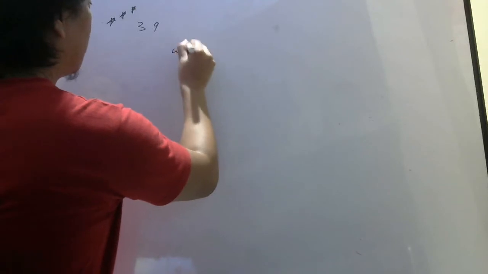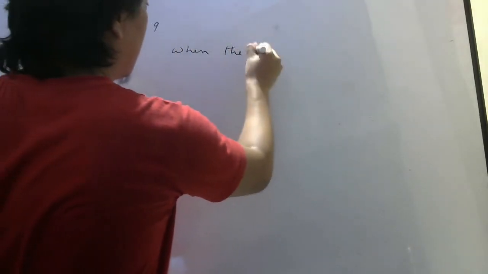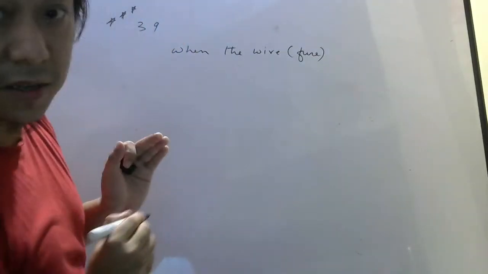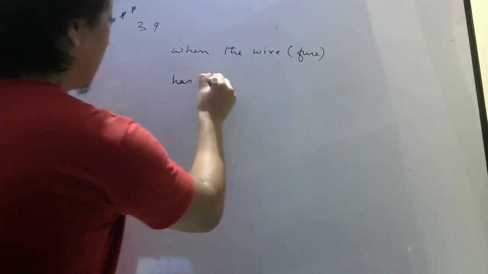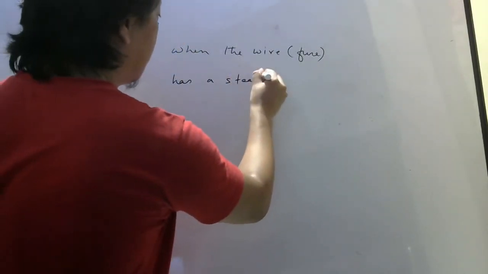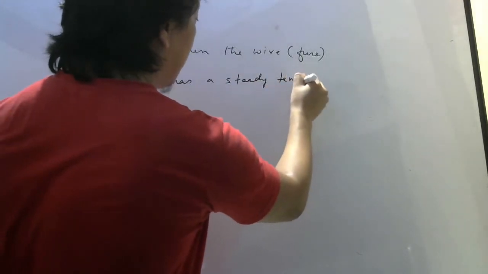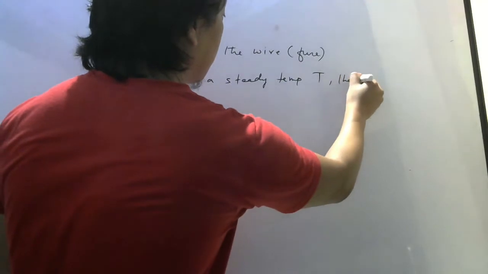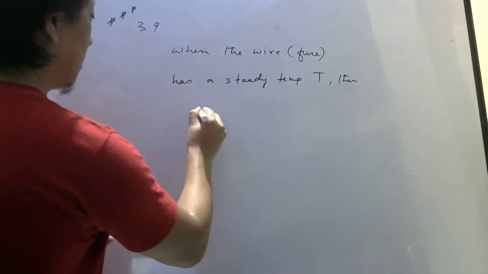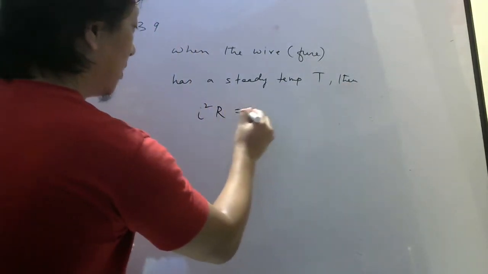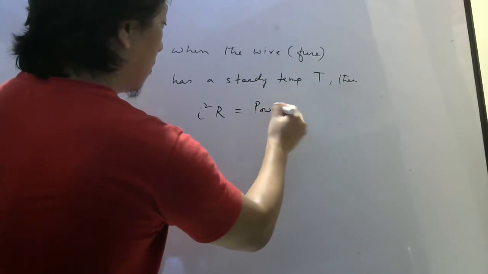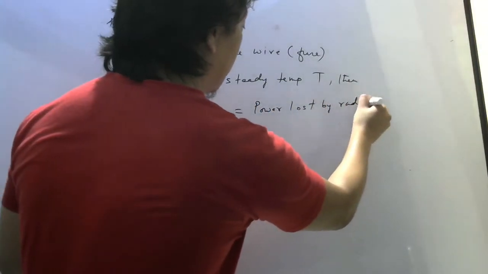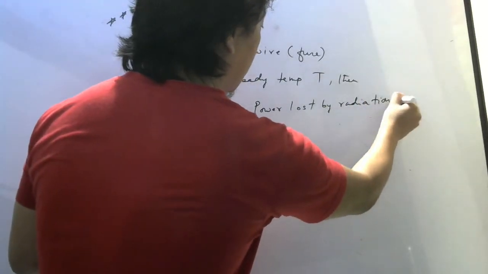So when the wire, which is the fuse in this case, has a steady temperature, which let me say is T, then the power consumed, which is I square R, must be equal to the power lost by thermal radiation.